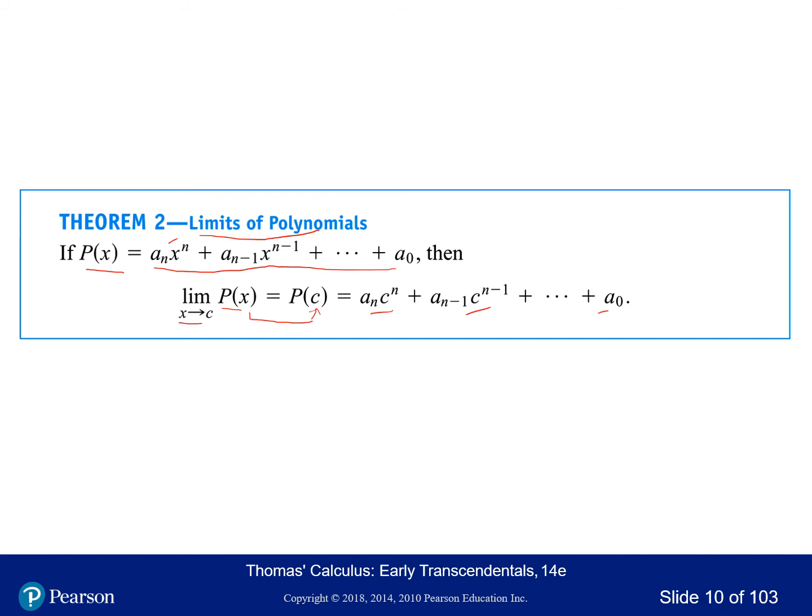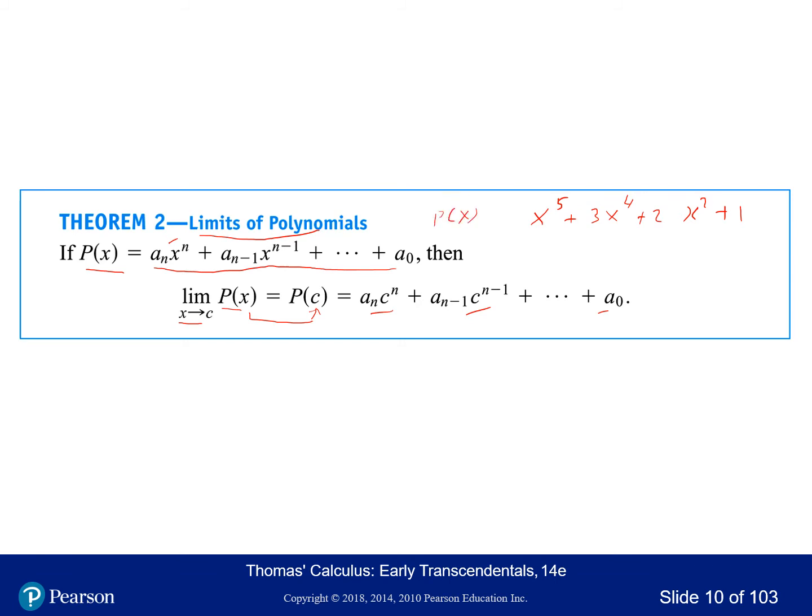Let's give an example. So if I have x to the power 5 plus 3x to the power 4 plus 2x squared plus 1, for example, and this is our polynomial p of x.